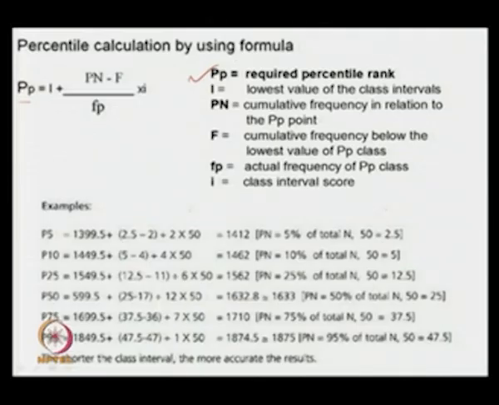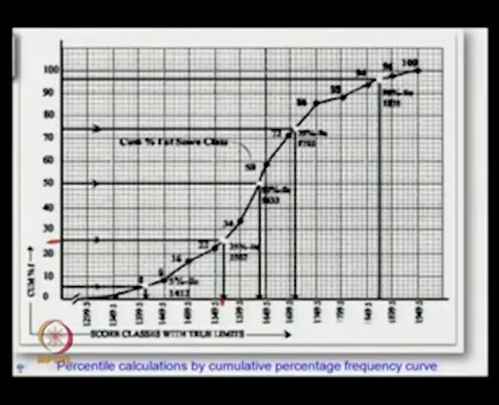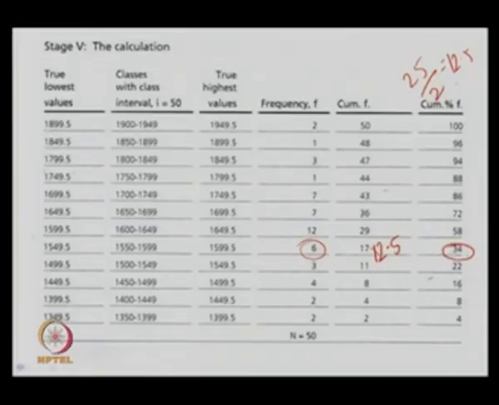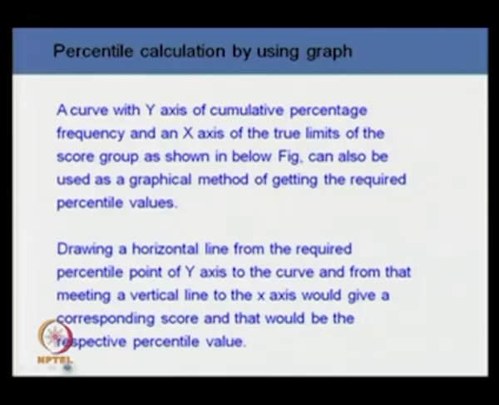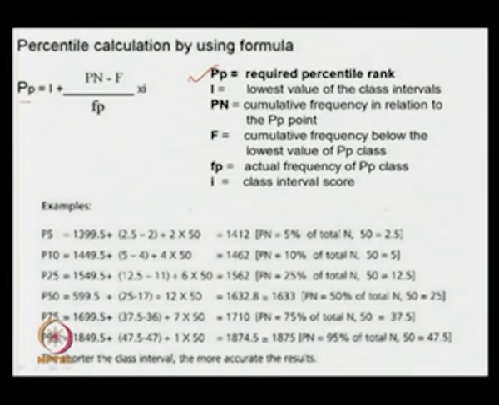If we require the 5th percentile, then Pp would be 5, P5. Then L is the lowest value of the class interval, the lowest limit of the class.